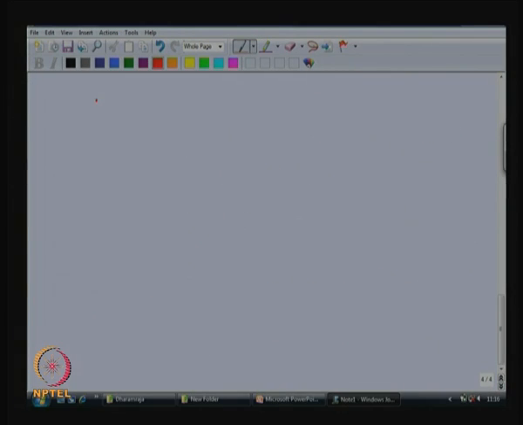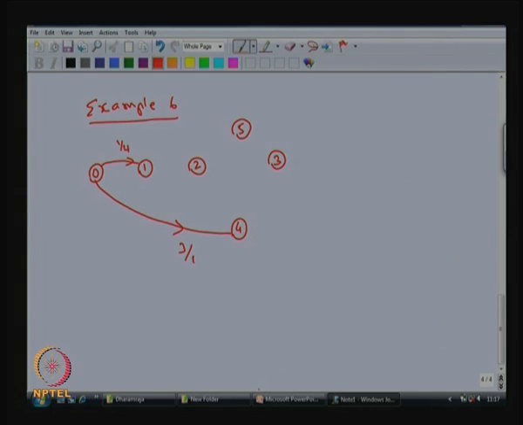Moving to the next example, example 6. In this example, I have six states, and the one-step transition probability values are 1/4 and 3/4, it goes to state 4.